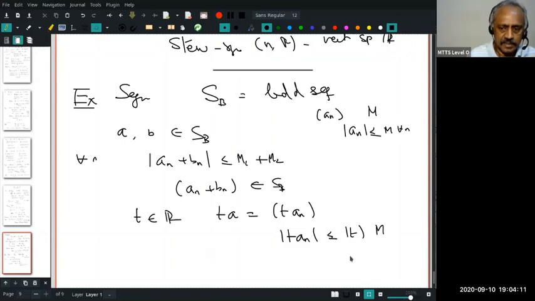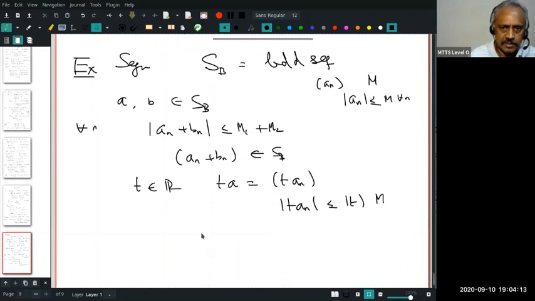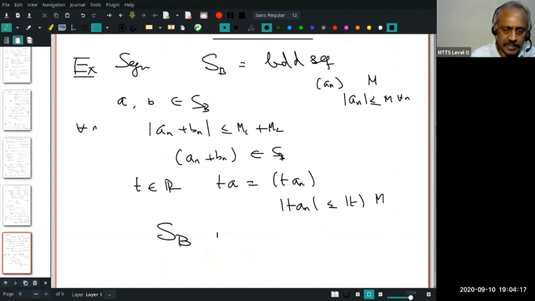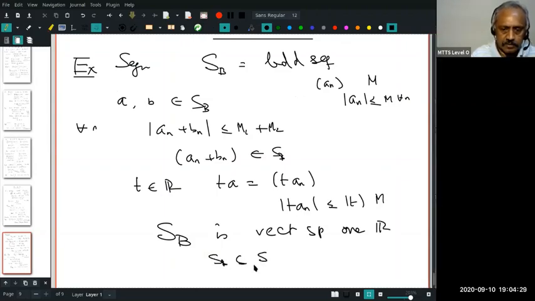You understand that? I'm going a little fast, but by now you should know. Therefore, you can show SB is again a vector space overall. Notice that SB is a subset of all sequences. It's a vector space overall.